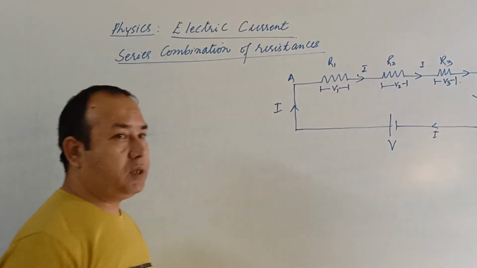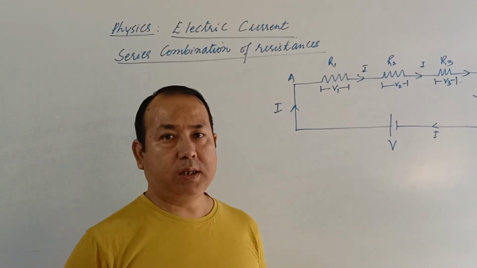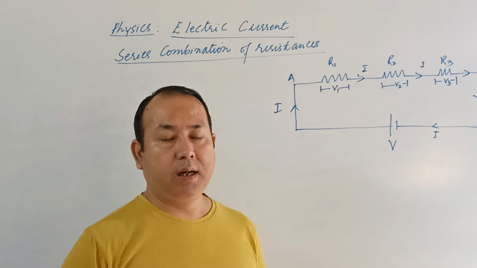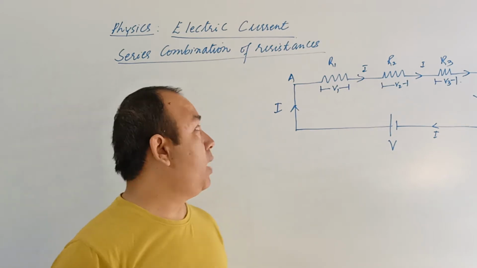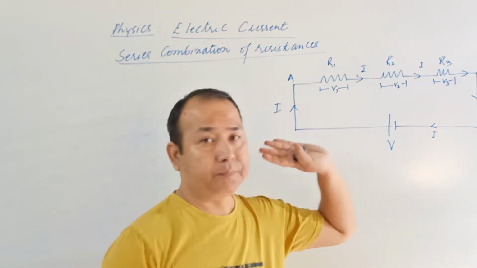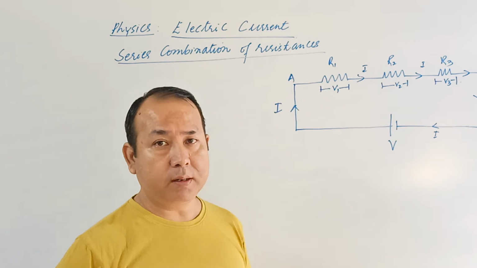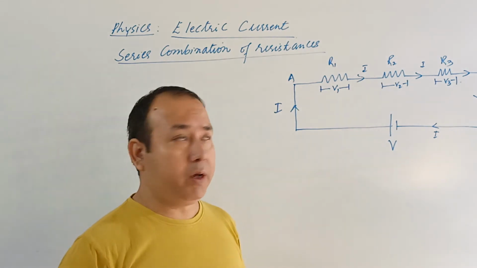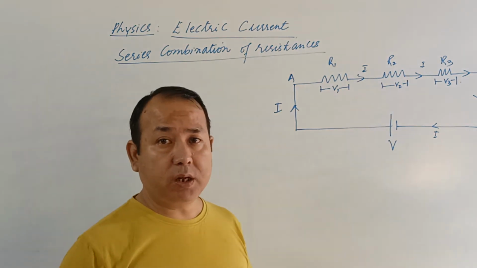So here what we see is that a number of resistors are said to be connected in series combination between the 2 points when there is a single path for the electric current to flow. Number two, the same amount of current flows through each of the resistors.